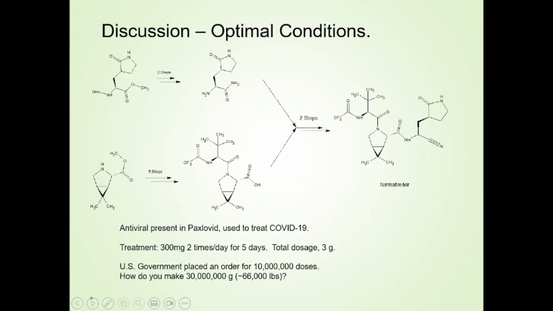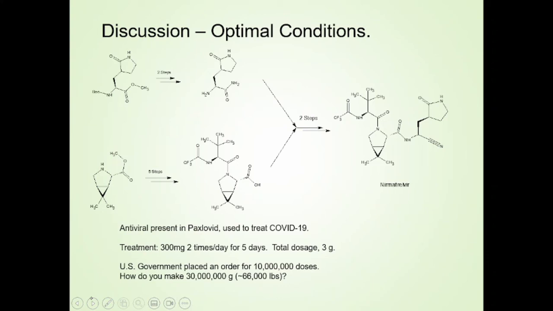I wouldn't have thought you could buy tons of this stuff, but apparently it's available. That's one source. One thing you have to consider is, can I get enough of the starting material? If not, I have to go to a different starting material. But convert it to these two, put them together, and then dehydrate, convert it to nitrile there, and you get the final drug. So again, the question is, how do you make this?